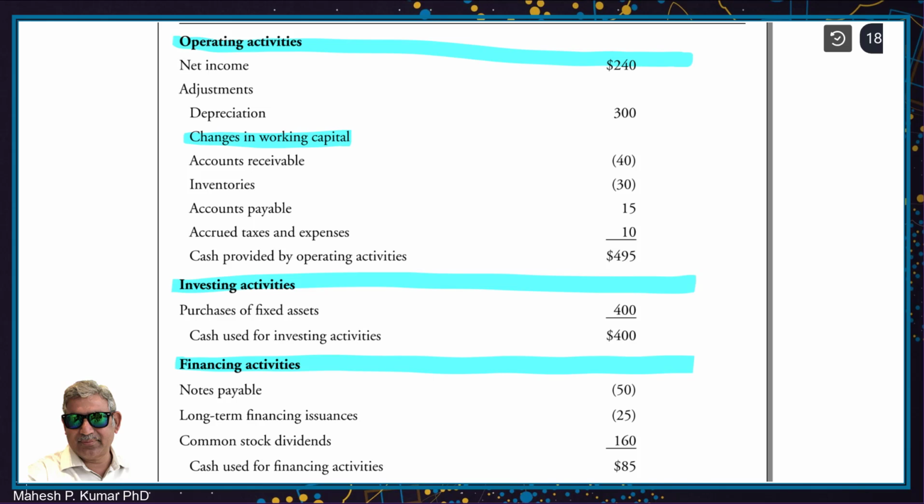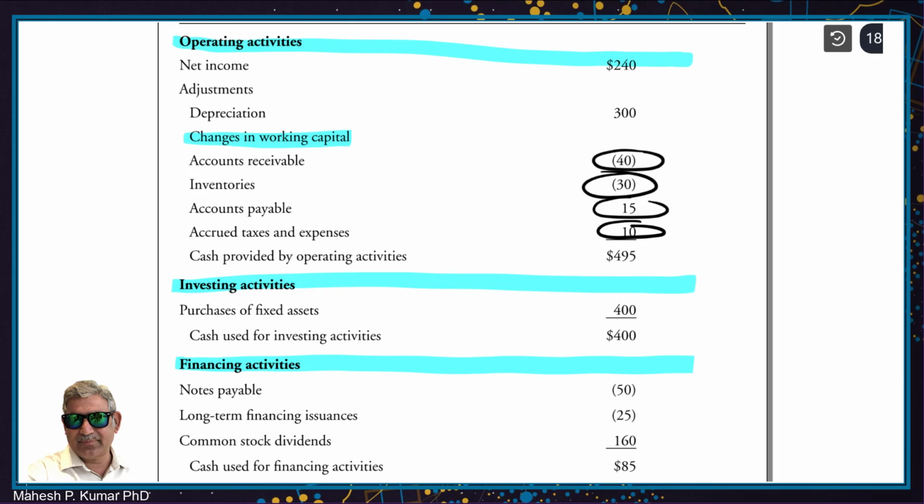Accounts receivable have increased by $40 million. Inventories have increased by $30 million, so these are minuses. Accounts payable have decreased by $15 million, so this is a positive number, and similarly accrued expense is a positive number.